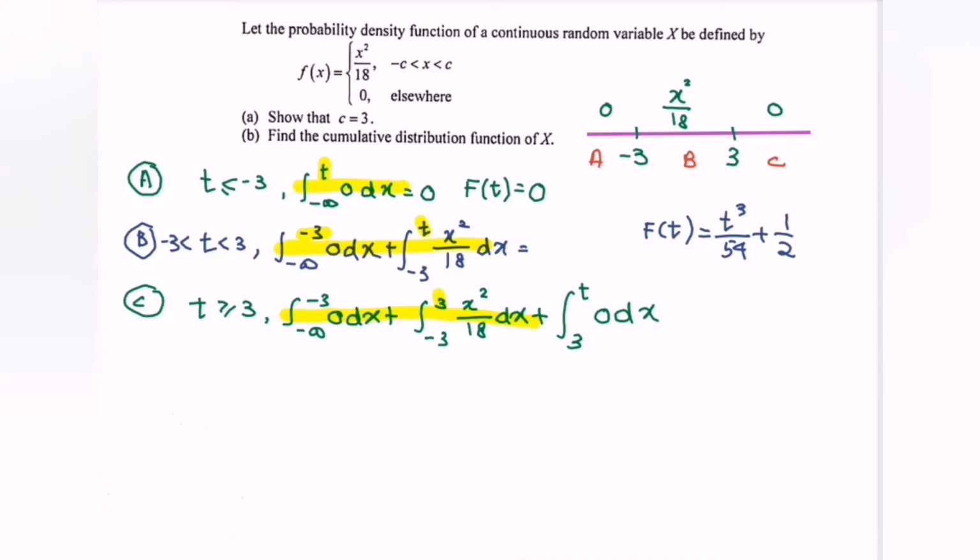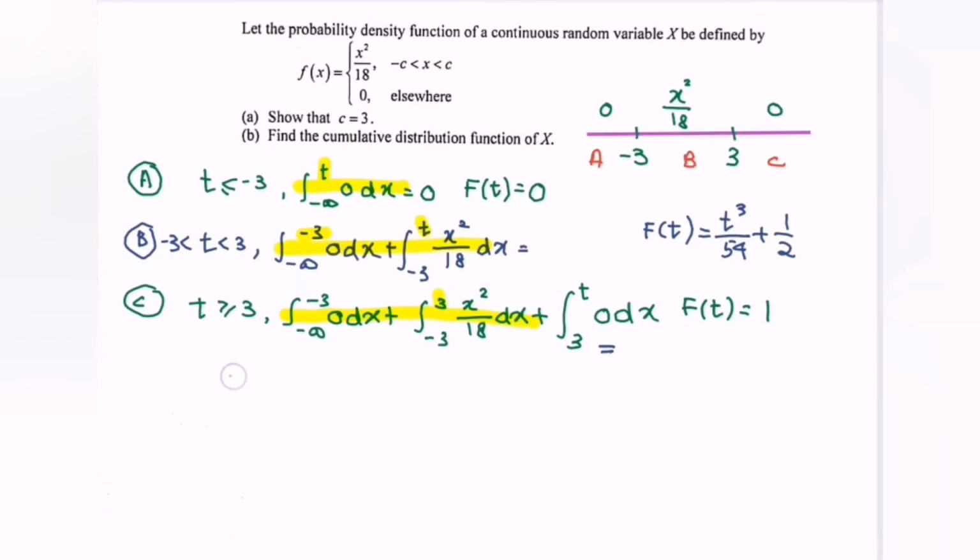So we can rewrite it as F(3) plus the integral of this part, which is 0. So substitute 3 into the formula: 3 to the power of 3 over 54 plus 1 over 2. As we all know, here we have 1 over 2 plus 1 over 2. So finally, we have the answer 1. So for this part, F(t) is equal to 1.